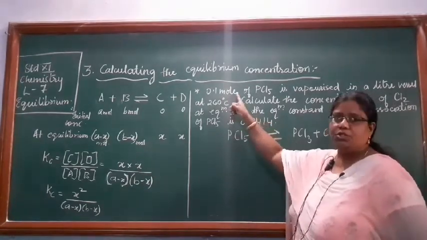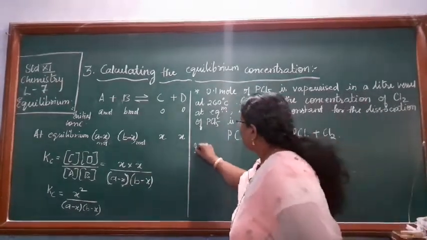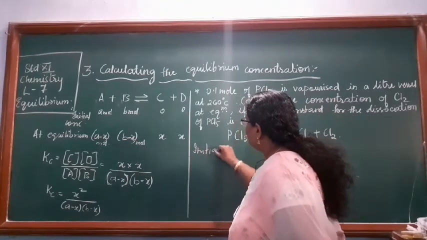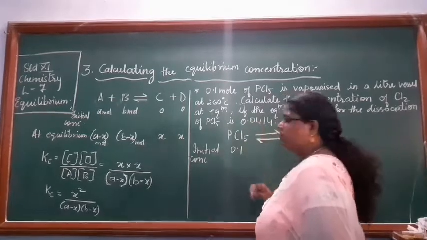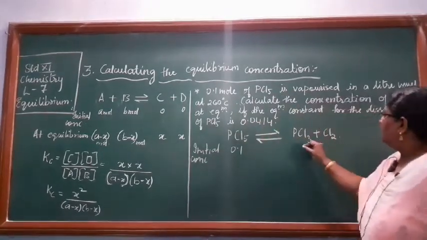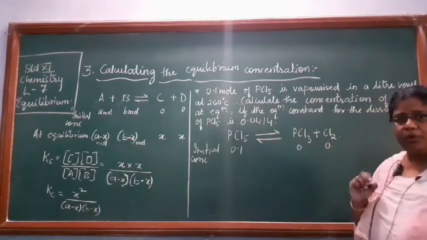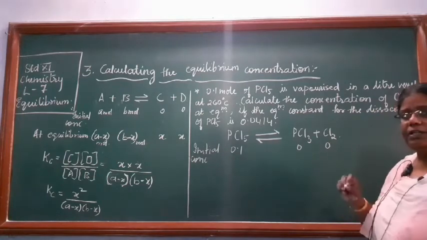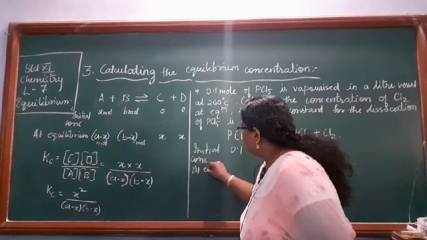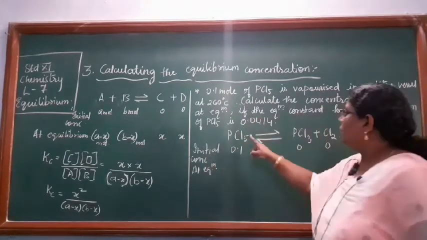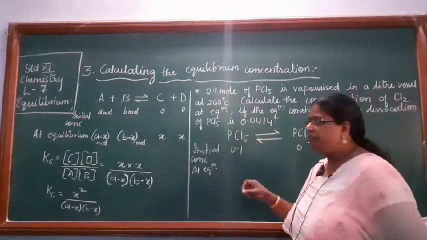कितना अमाउंट से शुरू किया? 0.1, मतलब इनिशियल कॉन्सेंट्रेशन इट इज 0.1 मोल है. ठीक है, इनिशियल में there is no product formation taking place, तो इसीलिए हम उसका वैल्यूज 0 लिखेंगे, ठीक है। Then at equilibrium what will be the concentration of PCl5?